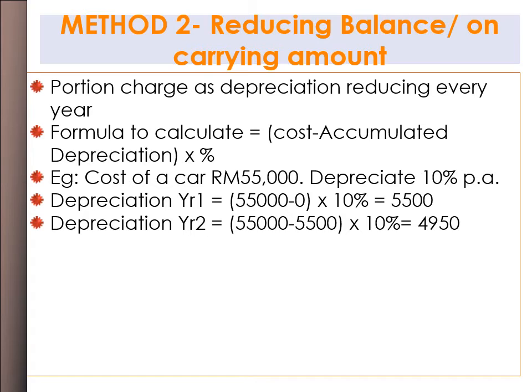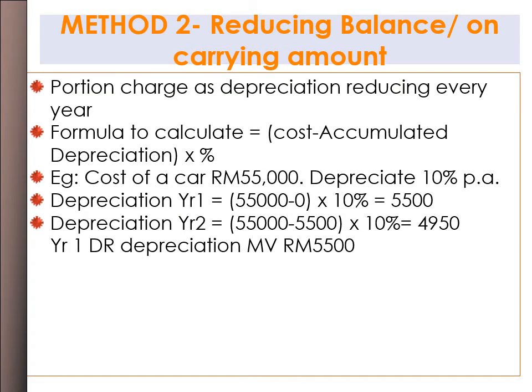Then you multiply with the 10% rate of depreciation, and the depreciation amount for year 2 becomes less. It becomes 4,950. It's not the same as year 1.